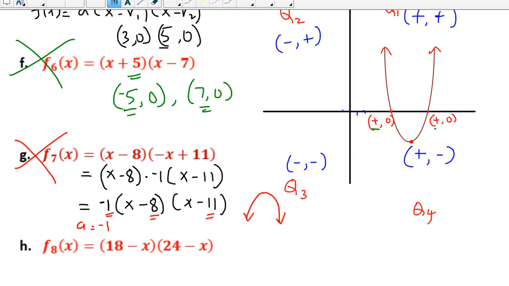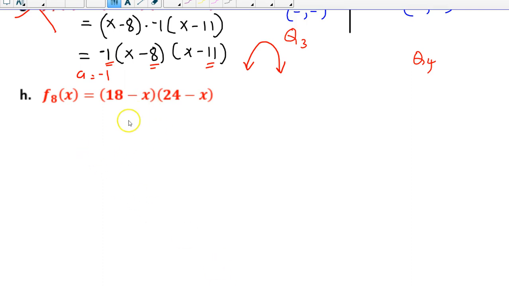Now lastly we have this. It is just turned around. 18 minus x again times 24 minus x. Okay, let us write like the previous one. 18 minus x, you can also write it as negative x plus 18, right? 18 is a positive 18, times negative x plus 24.